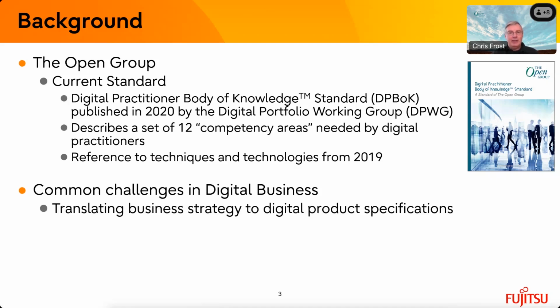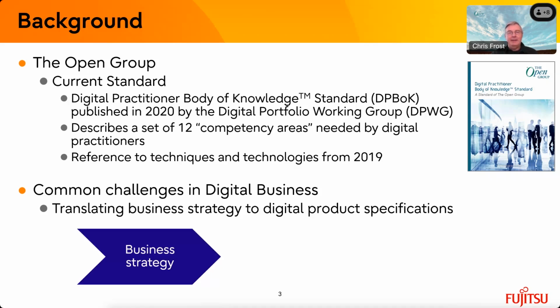So one of the common challenges that we saw very much in digital business was this one: translating business strategy to digital product specifications. And what do I mean by that? If you think of it as a simple three-step process, grossly oversimplifying it, of course, but start with some business strategy.